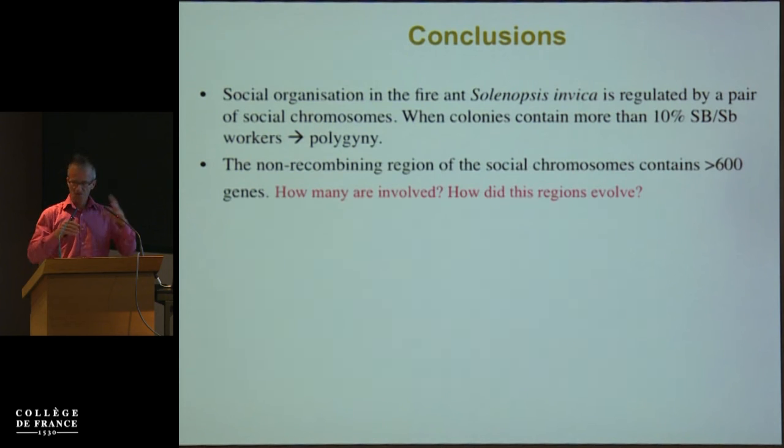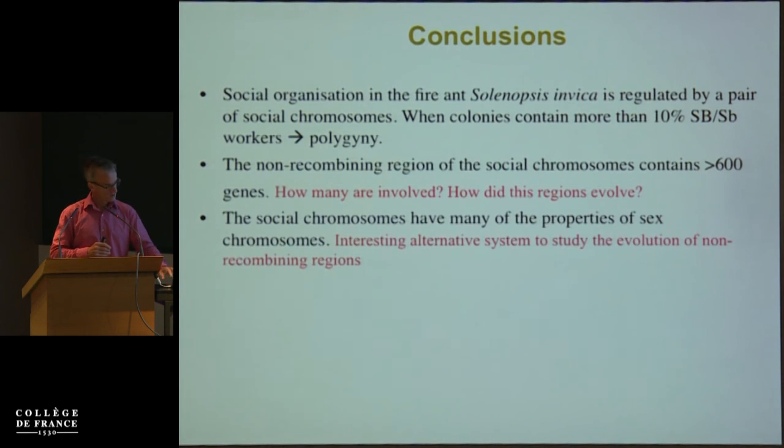And also we know that two genes have been non-functional because they are disrupted by the breakpoints of the inversions. So these social chromosomes have the same properties as a sex chromosome. So it's a very interesting system to study what is the effect of lack of recombination.